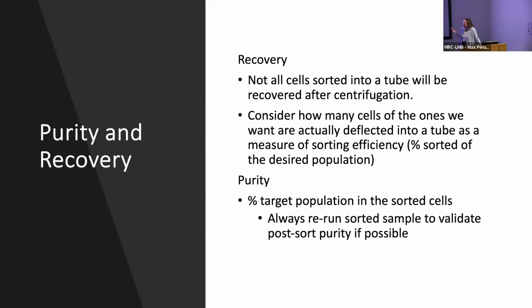And then one of the ways that we check purity is, once we're done sorting the population of interest, if again there are enough cells, we can take an aliquot from that population and rerun it through the machine to ensure that the population of interest was in fact sorted and that it's validated as very pure.